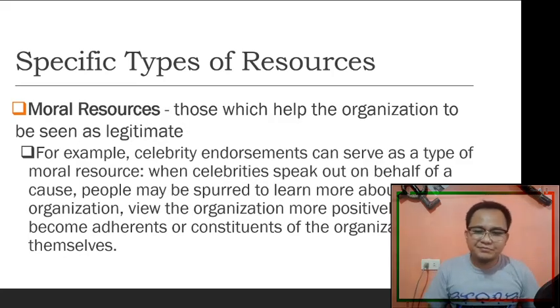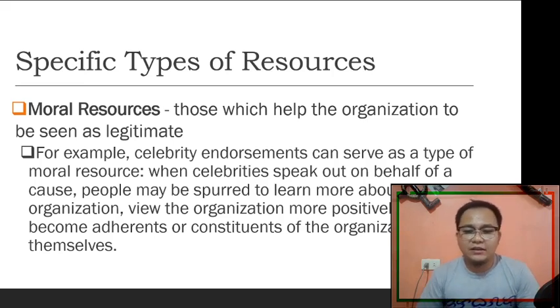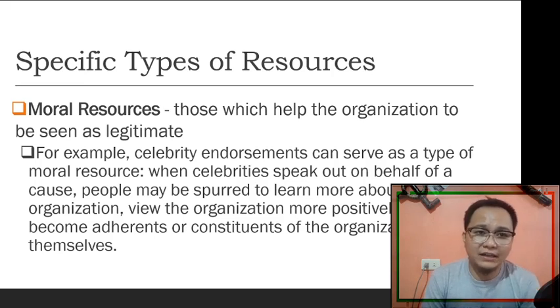Ito yung isa sa mga intangible. Intangible ito in a way na those which help the organization to be seen as legitimate. Ibig sabihin, kung familiar tayo sa BLM, Black Lives Matter na movement, yung pag-speak out ng mga apektadong individual using the social media as a platform to make it a global movement is pwede ma-consider natin na part ng moral resources.